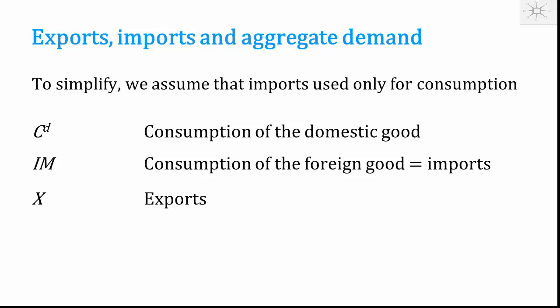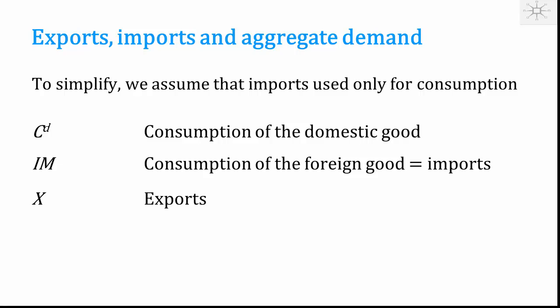So now we look at exports and imports and how they affect aggregate demand in the economy. And we now make a simplifying assumption. We assume that imports are used only for consumption. And this is not a realistic assumption. We just make it to simplify. In practice, of course, imports are used very much for investment too, but we just make this assumption in order to think clearly about the problem, and it doesn't really affect the conclusions in any important way.